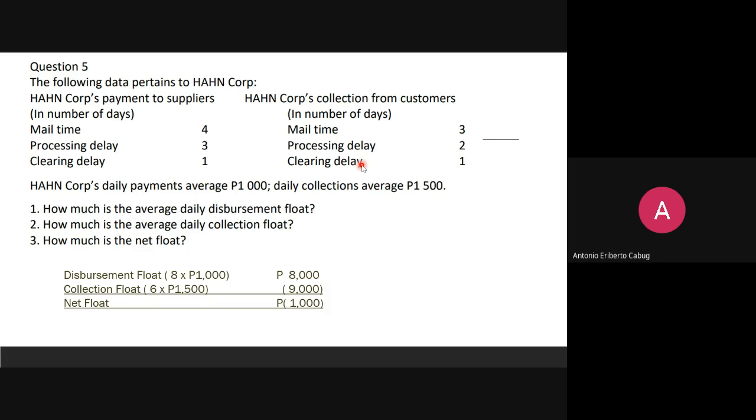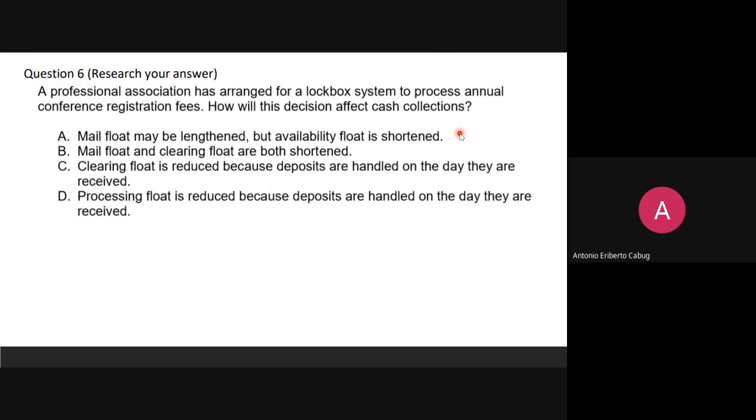Okay? Now, yung ginagawa kasi nila, yung gumagamit ng lockbox system, those who are sending checks, the customers who are sending checks, instead of sending it to the company, they will just send it to the post office box. So, mas mabilis, no? Hindi kailangan ipadala sa company.